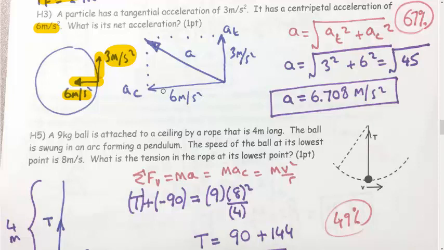So, okay, we have a tangential acceleration, which is tangential, and we have a centripetal acceleration, which is radial. And so they must be at 90 degrees to each other, and so that forms a nice rectangle.